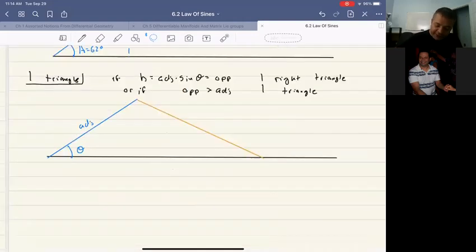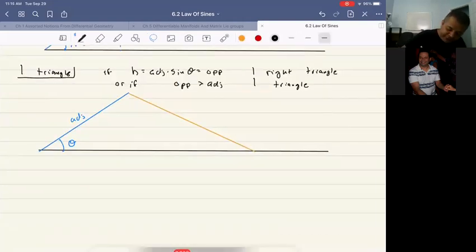Number 48 gives us A equals 36 degrees, a equals 30, and b equals 24.